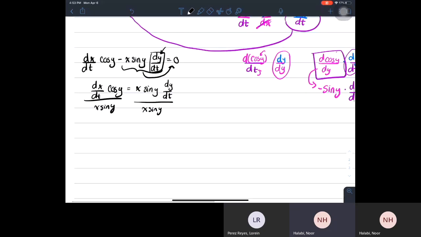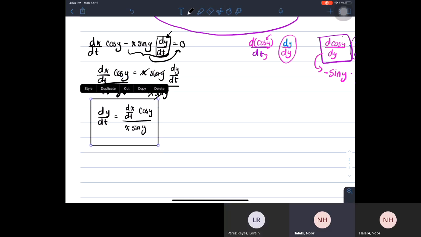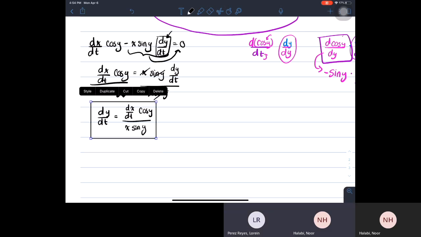So now the x sine y and the x sine y cancel out, and I know that my dy over dt is dx over dt cosine of y over x sine of y. Does that make sense? Yep. And this is it, Chica. Thank you. You got it. Let me just pause this real quick.